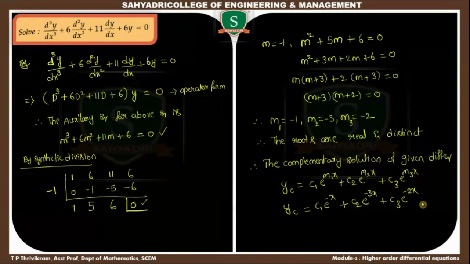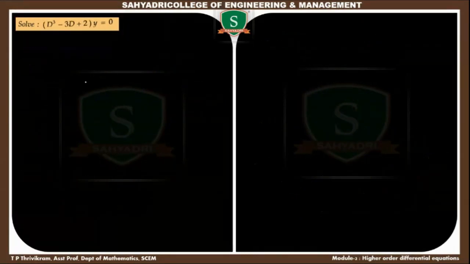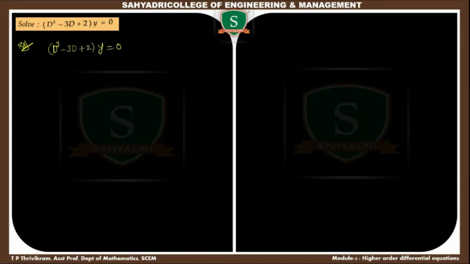Try one more equation so that you'll get better clarity. For this also you apply synthetic division. Here he has directly given it in operator form. So D cube minus 3D square minus 3D plus 2 into y equal to 0.